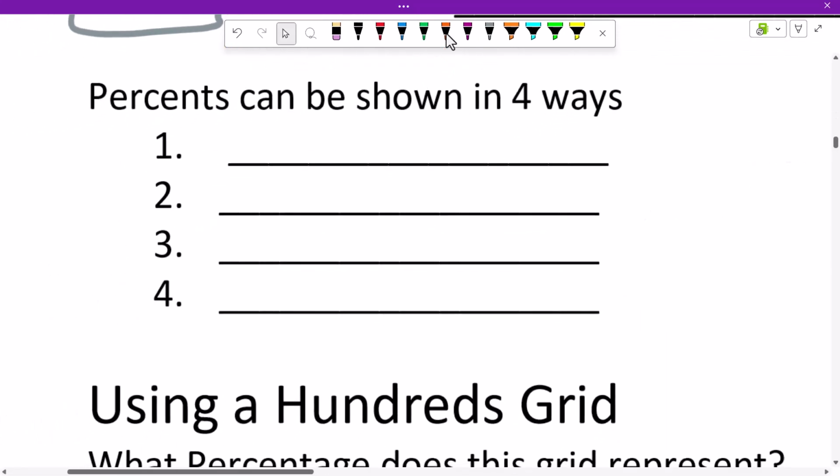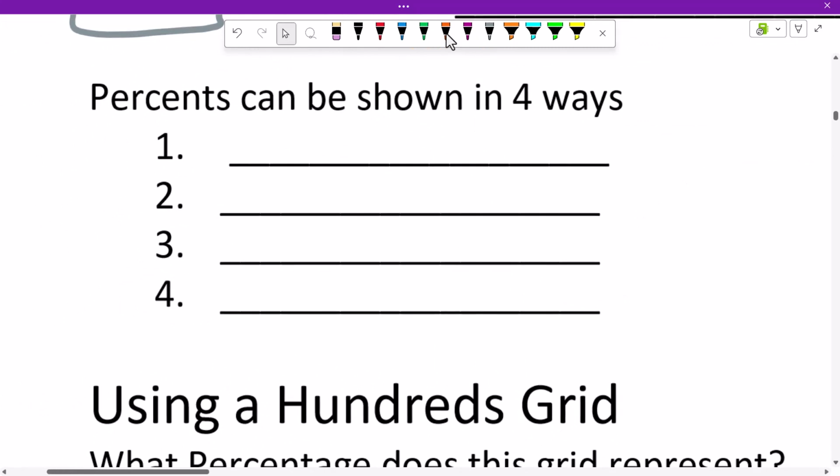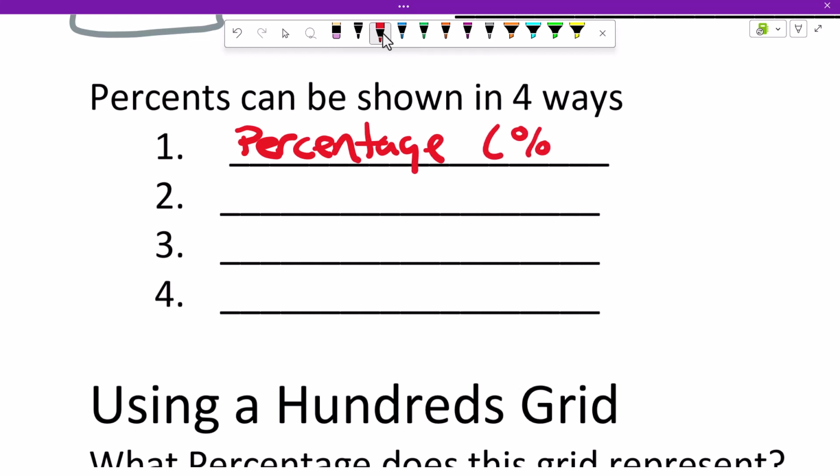I apologize. Okay, so how can we represent percentages? One of them is with a percentage. That's when you use a little symbol like this. Or we can use fractions.